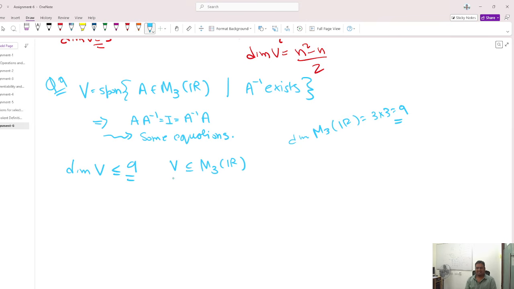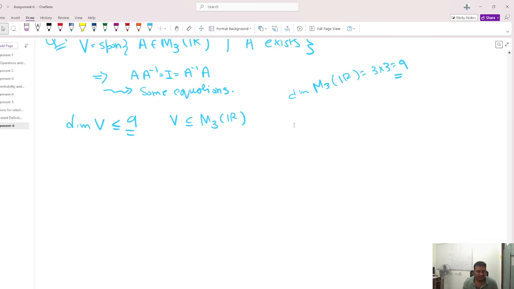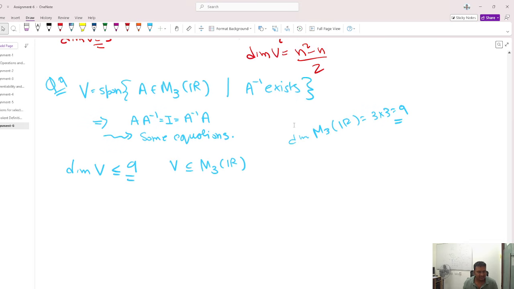So what is the basis? Basis in V is the maximal linearly independent set in V. It is possible that a maximal linearly independent set of M3 has more elements than in V, right? I hope you understood.